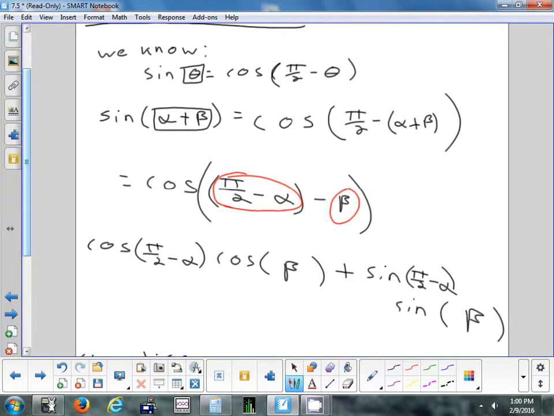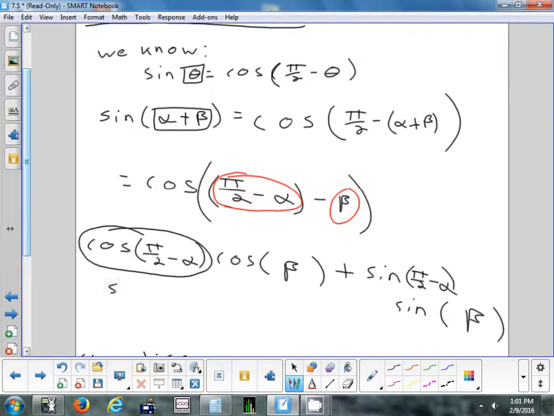Okay, look at this part. Cosine of pi over 2 minus alpha. How can we write that more simply? We proved this is equal to something earlier. It's sine, right? The cosine of pi over 2 minus something is the same as the sine of that something. Okay?